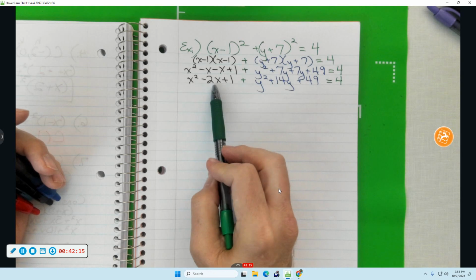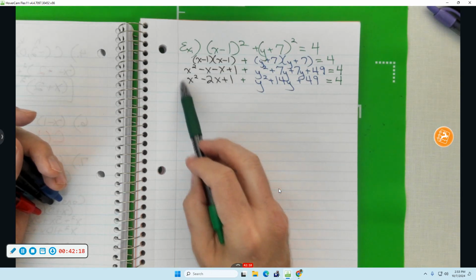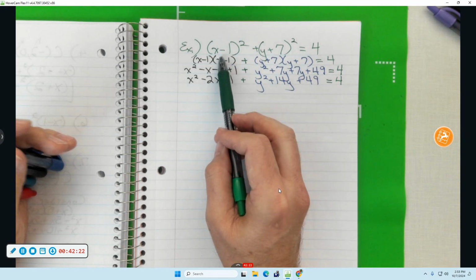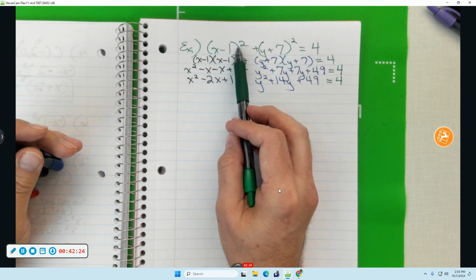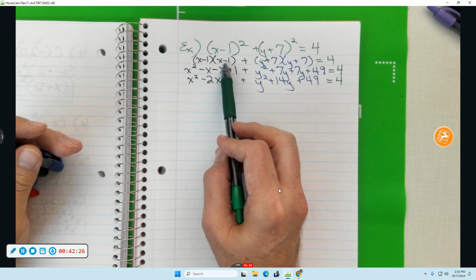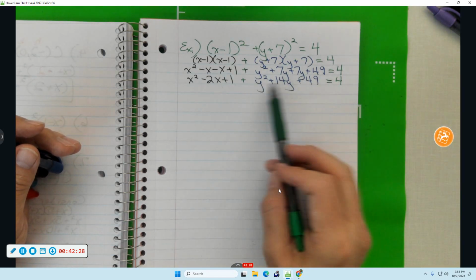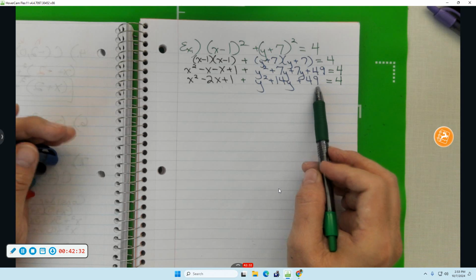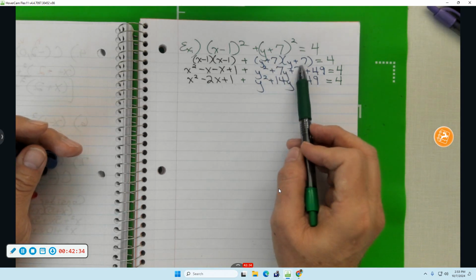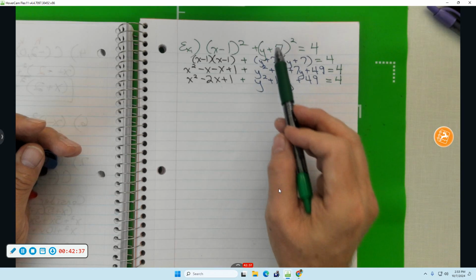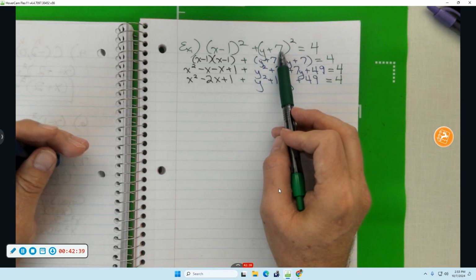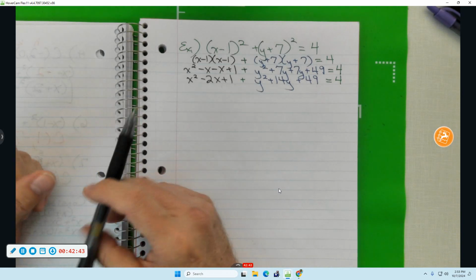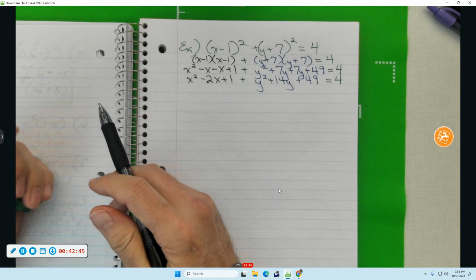X squared minus 2x plus 1. That trinomial is called a perfect square trinomial because it factors just as a binomial squared, a binomial times itself. The same thing's true for y squared plus 14y plus 49. It factors as y plus 7 times y plus 7, so that's a y plus 7 quantity squared. And now, let's regroup.